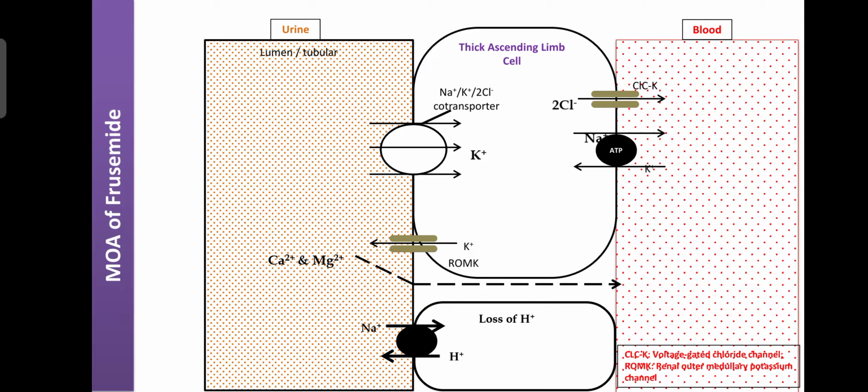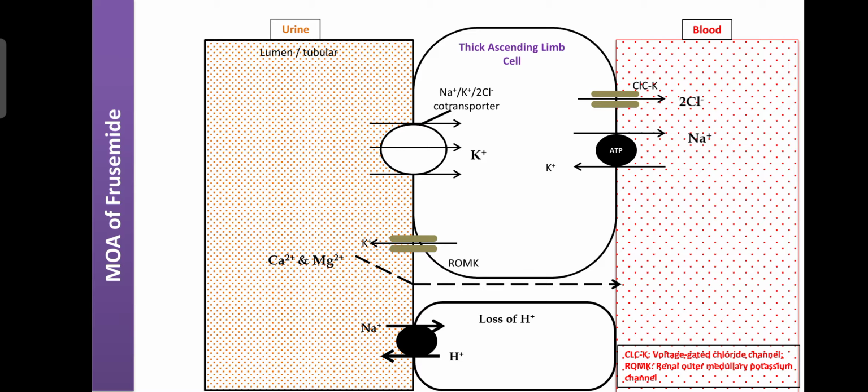With the help of the sodium-potassium ATPase pump, sodium moves from the cell into the blood, and at the same time potassium from the blood enters the cell. The chloride moves from the ascending limb cell into the blood with the help of the ClC-K channel, a voltage-gated chloride channel. So sodium and chloride are reabsorbed back into the blood.